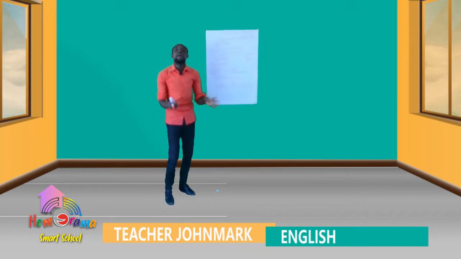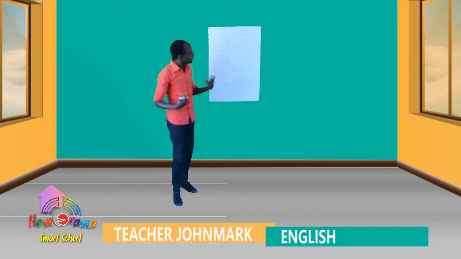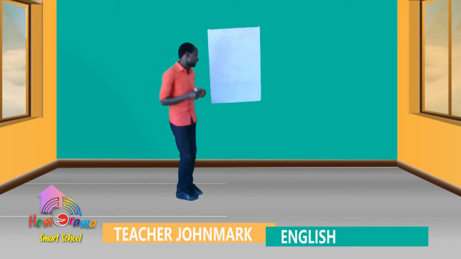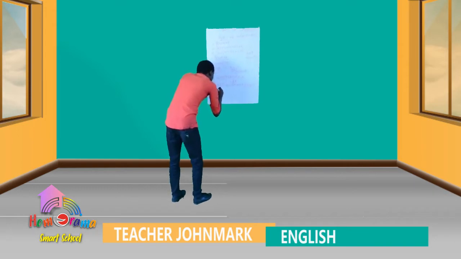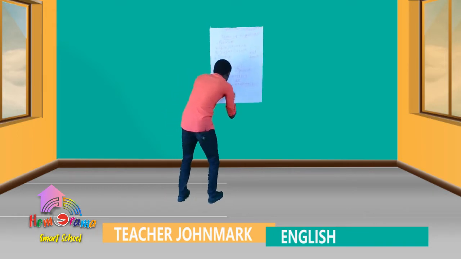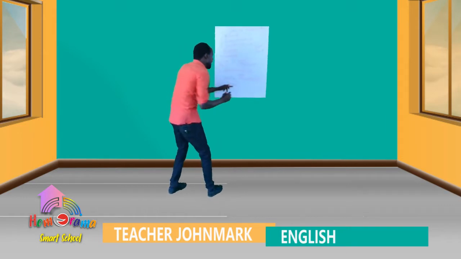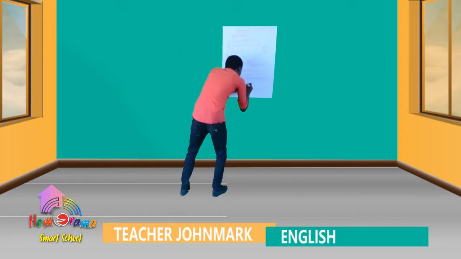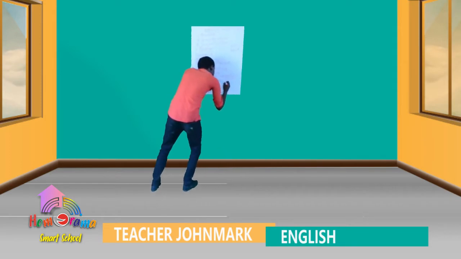I repeat, Moses is taller than John. We can still have another one. Another comparative adjective may be smaller. Let's have small as the positive adjective. We add the suffix ER and the final result here will be smaller.